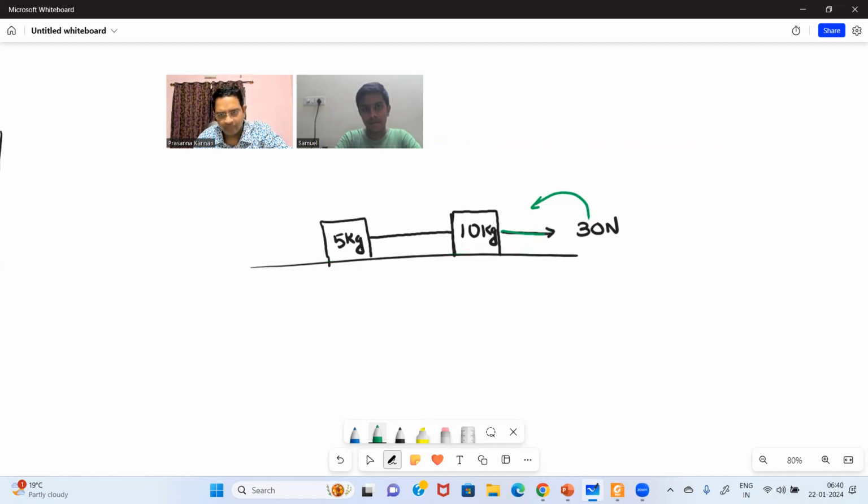Now what happens is this 5 kg block does not directly experience the 30 Newton, but through this string, which will experience a tension, right? This 5 kg block will move because of the tension.